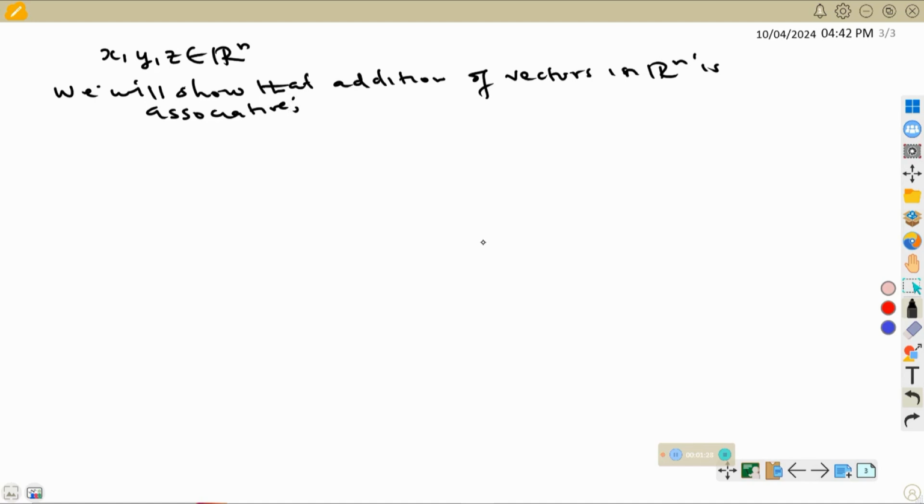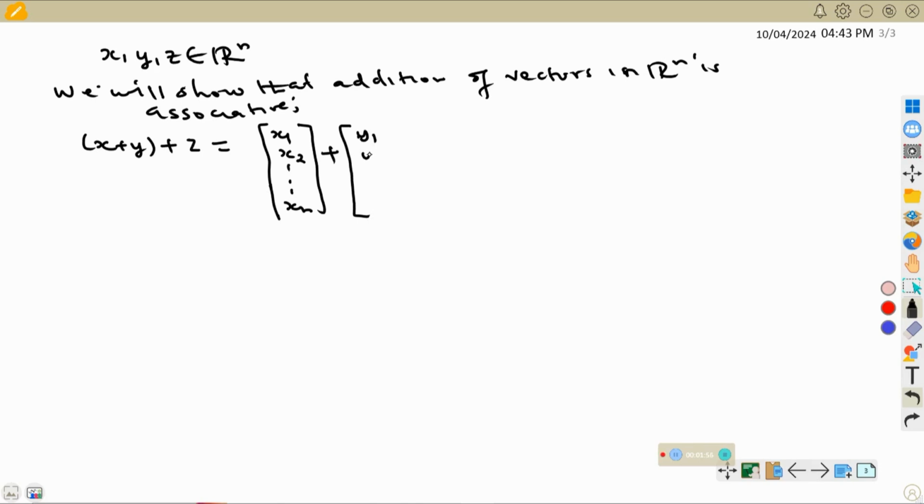That is what we need to show. And we shall consider x plus y plus z. What is this equivalent to? It is equivalent to having x, which is x1, x2 up to xn, plus y, which is y1, y2 up to yn.